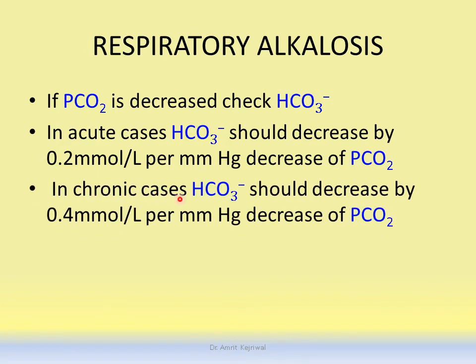And in chronic cases, bicarb should decrease by 0.4 millimoles per mmHg decrease of PCO2. So if the PCO2 decreases by 10, bicarb should decrease by 4. So from 24, if the PCO2 comes down to 30, the bicarb should come down to around 20. If it is less or more, then another disorder exists.